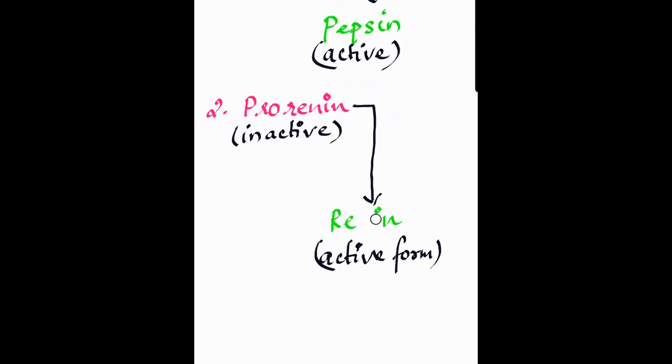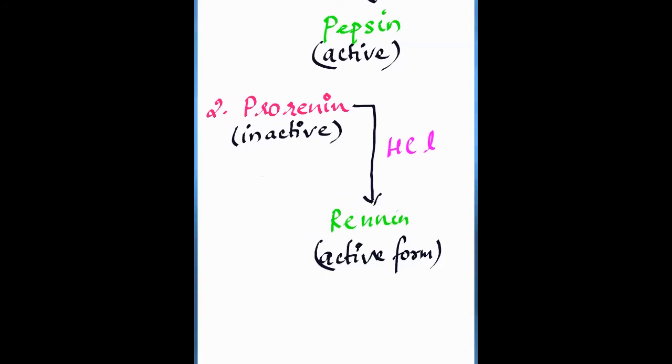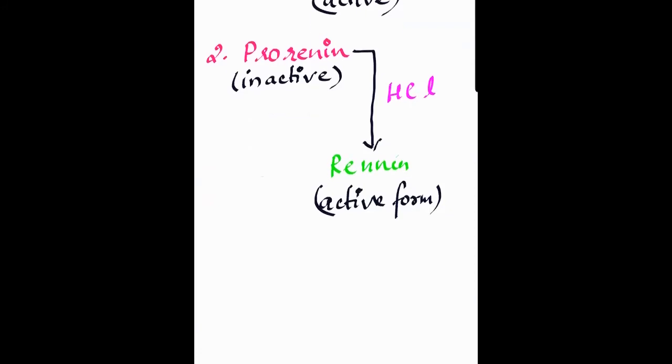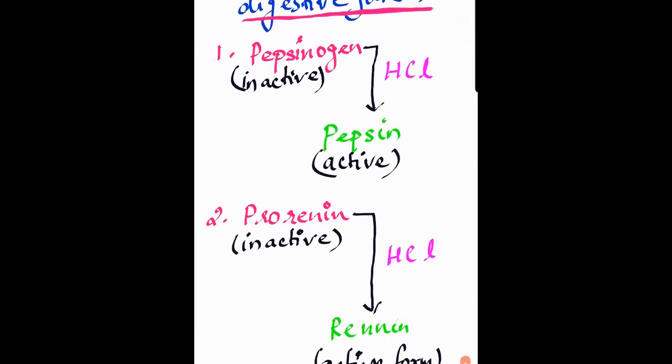Sorry, spelling mistake there. Renin, by HCl. You can see how it is getting converted. So one question we can ask: if hydrochloric acid is not produced in the stomach, protein digestion will not take place. By these two equations, we can say this.